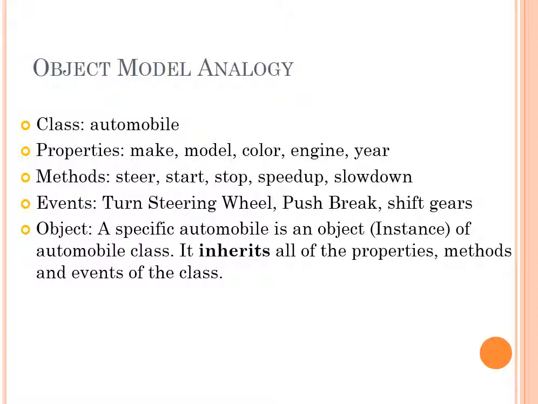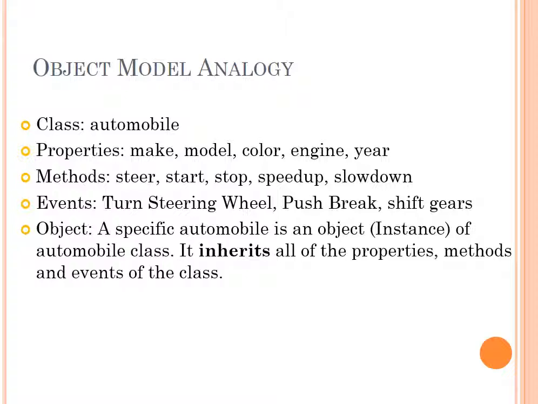So, if we're talking about a specific car, like my car, my Toyota Camry, that is an object. But it is an object that we know a lot about because it inherits all of the properties, methods, and events of the class of things called automobiles.